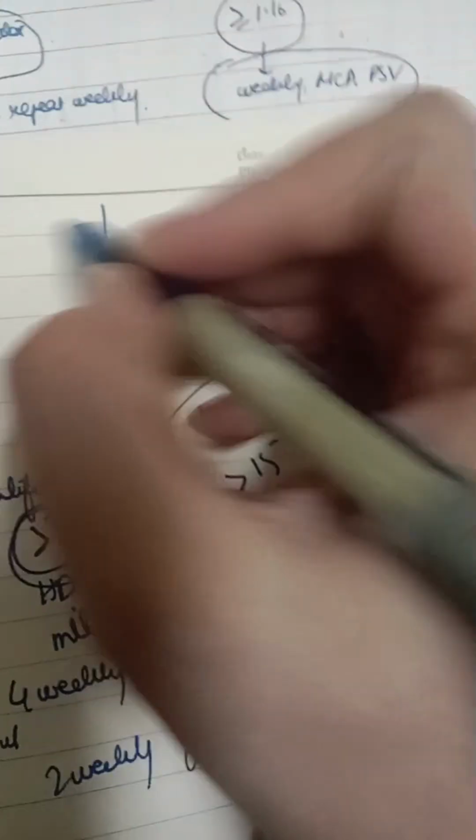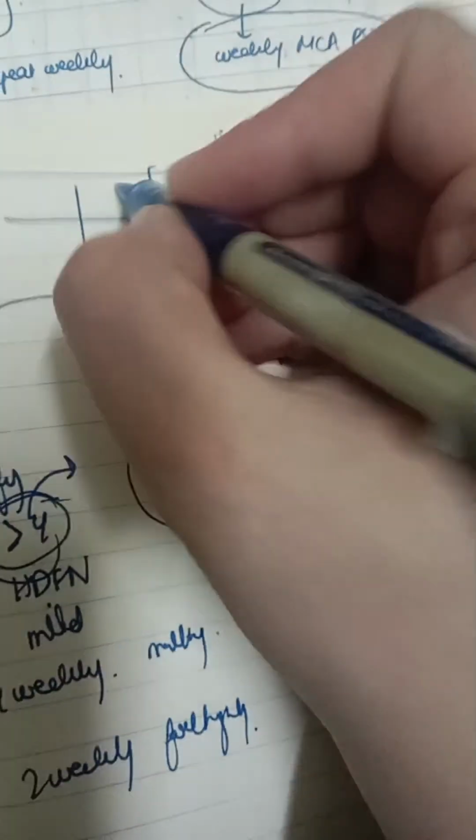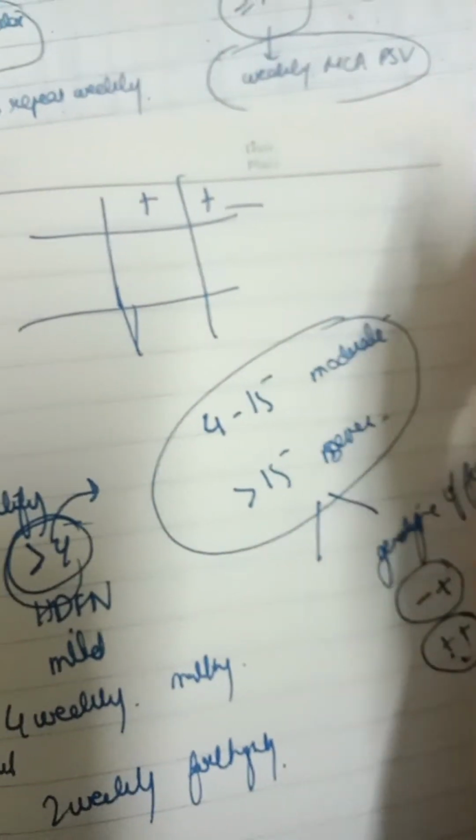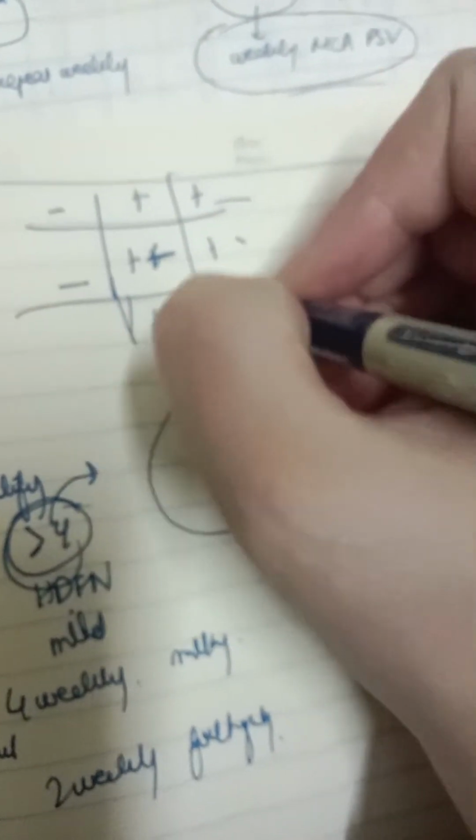So this means that there's 100% risk. Let's draw the table for your ease, okay? So this is the father's blood group, positive positive, and the mother is negative negative. So every child is going to be positive negative, positive negative. You get it, guys?